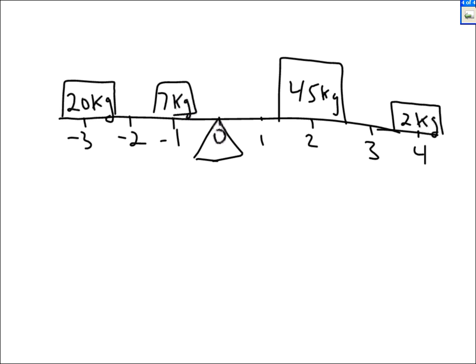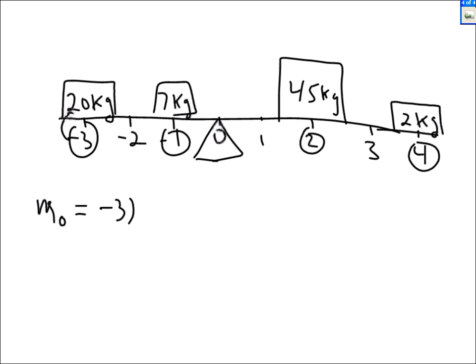So we have our mass at -3. We have one at -1. We have our 45 kg mass at 2 and one at 4. So the moment M0 is you multiply the x by the mass.